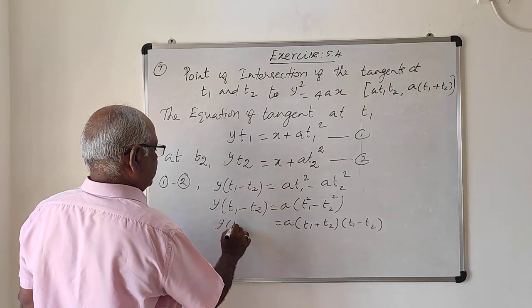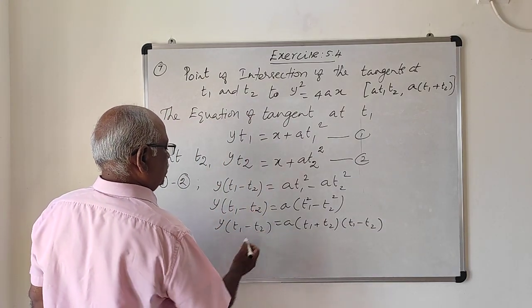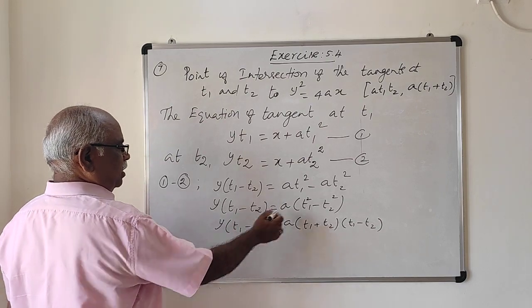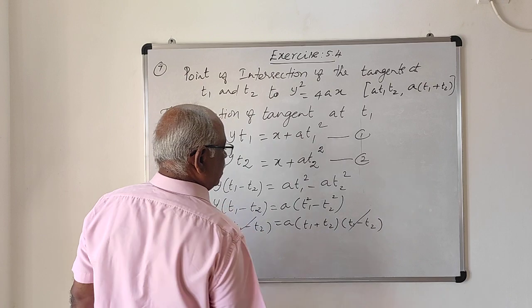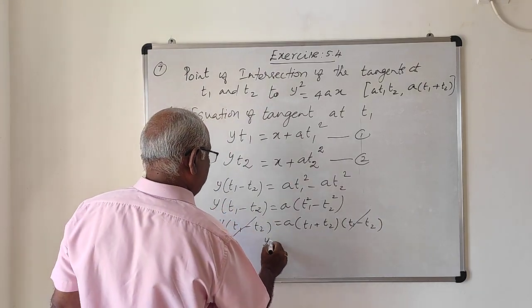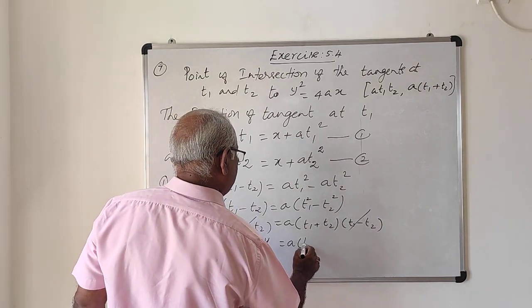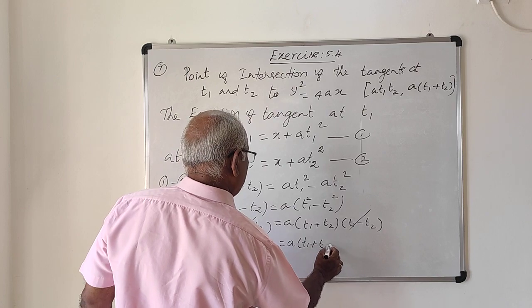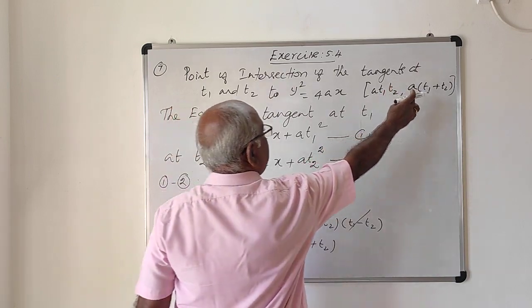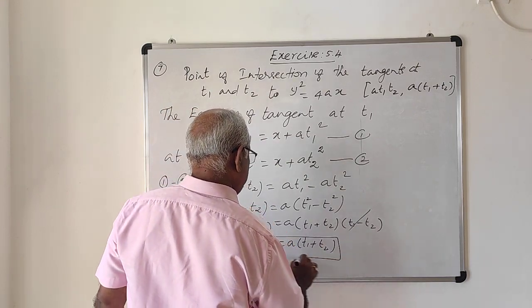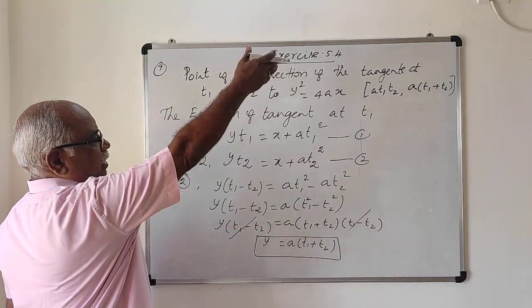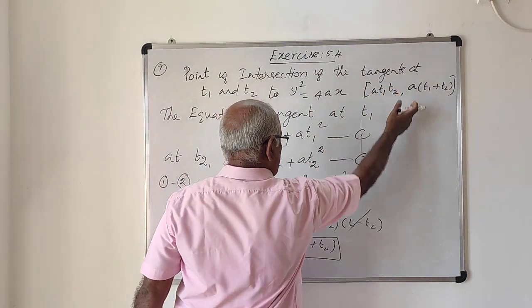The left hand side is y into t1 minus t2, so you can cancel t1 minus t2 on both sides. You will get y equal to a into t1 plus t2. So the y coordinate of the point of intersection is a into t1 plus t2.